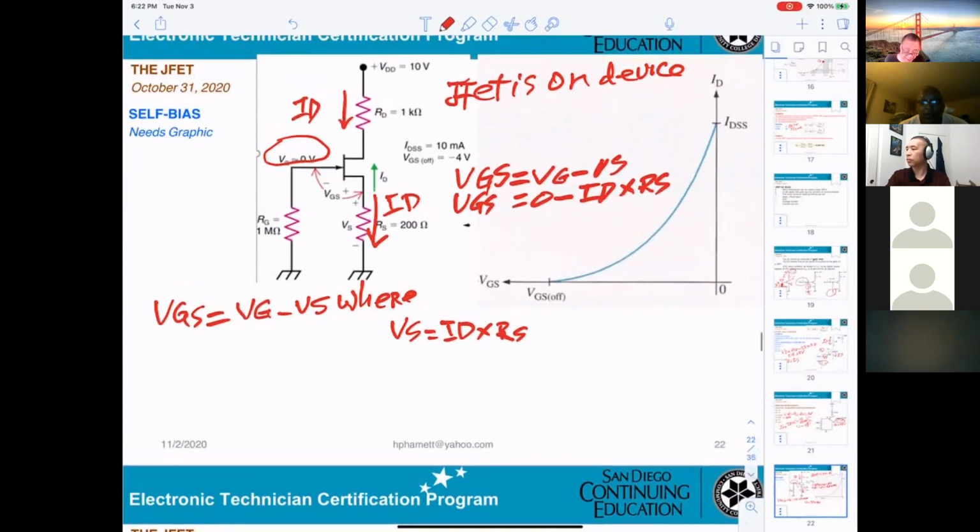Okay. Finally, VGS equals minus ID times RS.